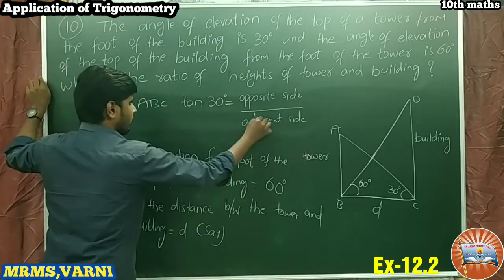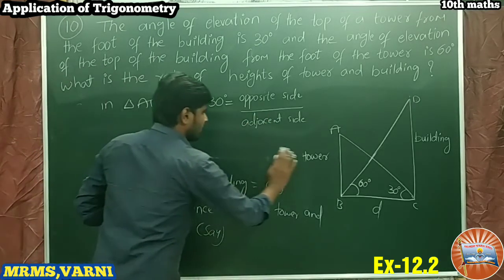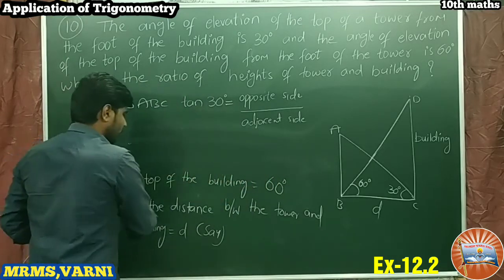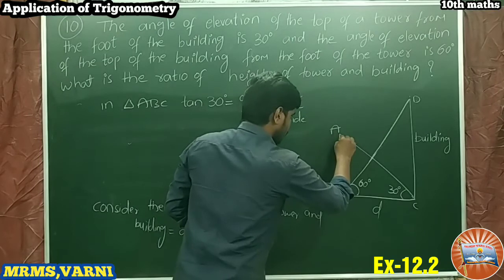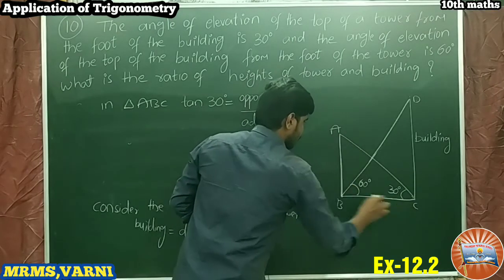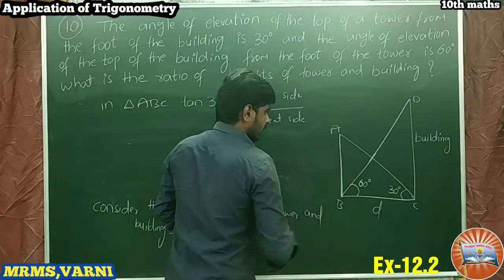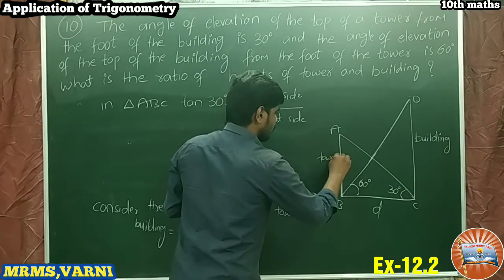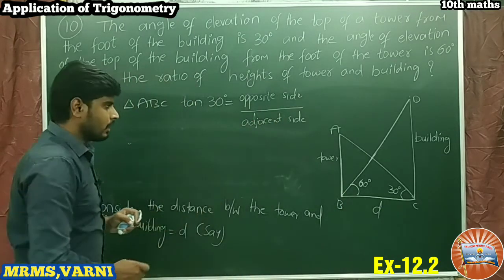Okay, I'm writing in short form. What is the opposite side in triangle ABC with respect to angle 30? Right, so the angle is here. This is the triangle ABC. The angle is here. AB is the opposite side. This is the tower. AB is the opposite side and BC is the adjacent side, isn't it?